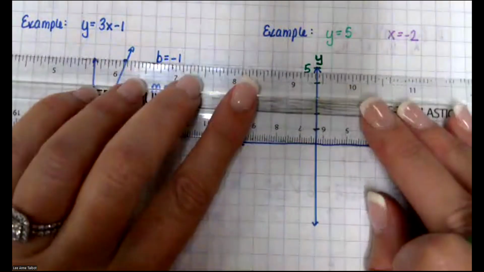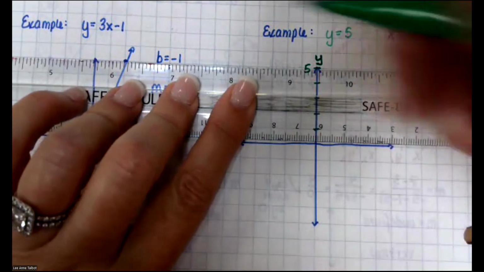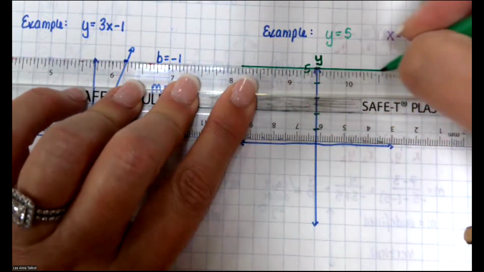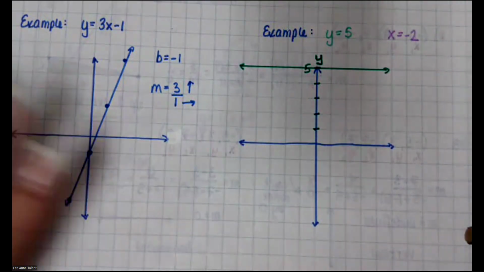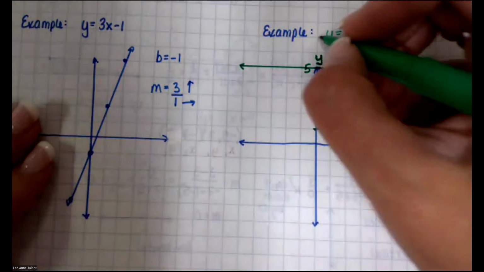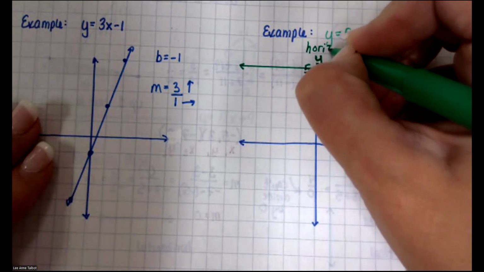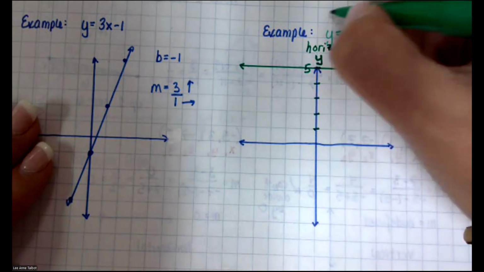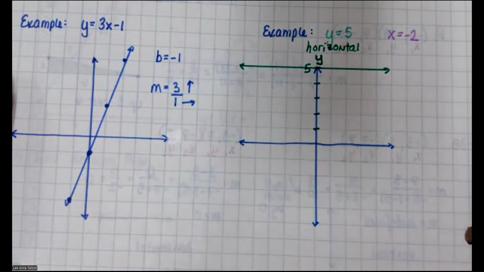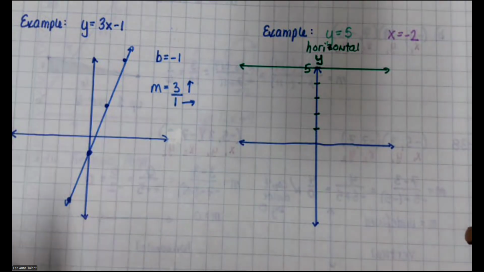Okay, that means that where y is 5 everywhere is a horizontal line. So this is a horizontal line with a 0 slope.